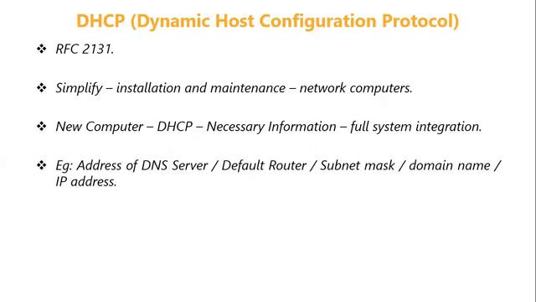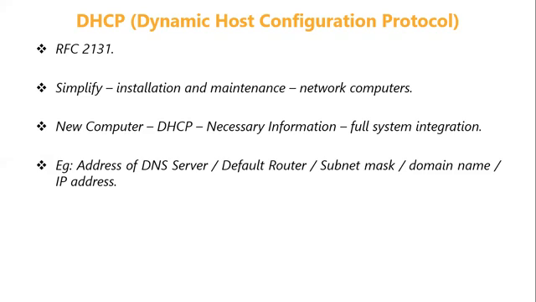The information includes the address of the DNS server, default router, subnet mask, domain name, and IP address. So basically, it is providing five things.